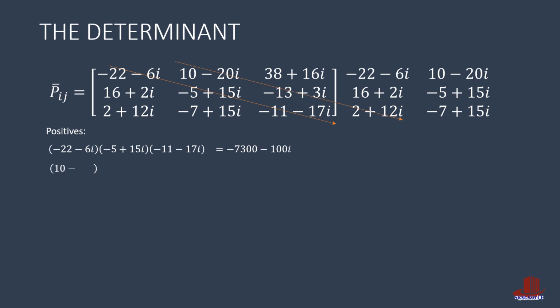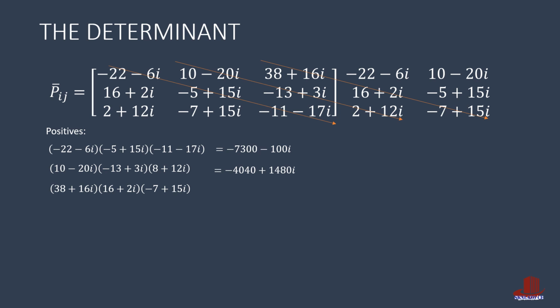The second diagonal includes 10 minus 20i, with 13 plus 3i and 8 plus 12i, which result to negative 4,040 plus 1,480i. The last positive diagonal contains the quantities 38 plus 16i, 16 plus 2i, and negative 7 plus 15i.